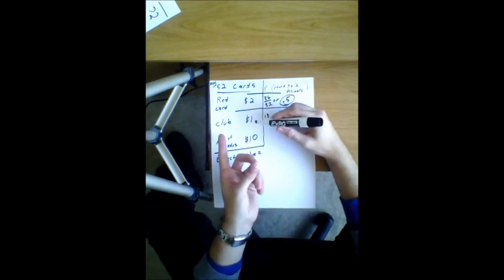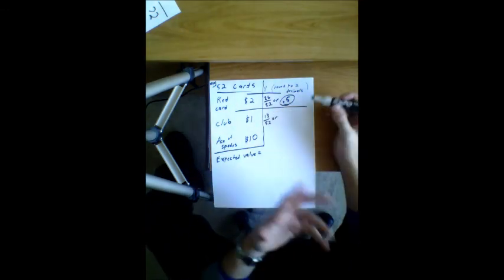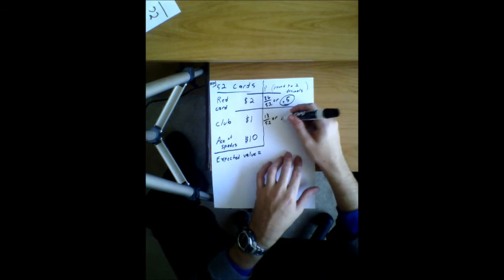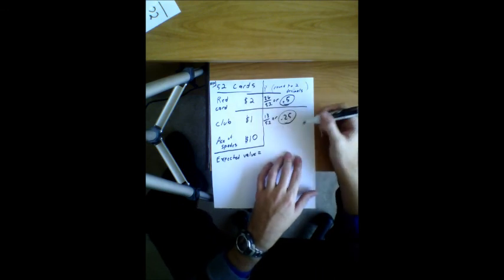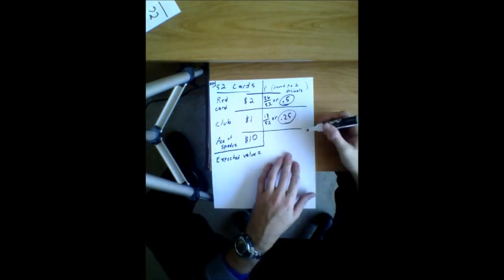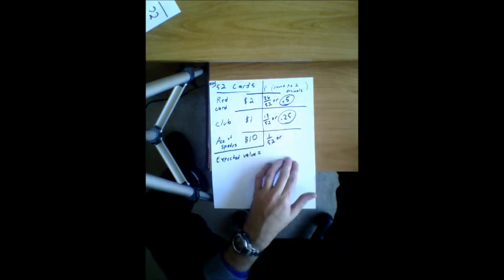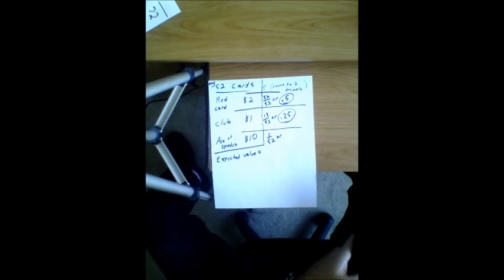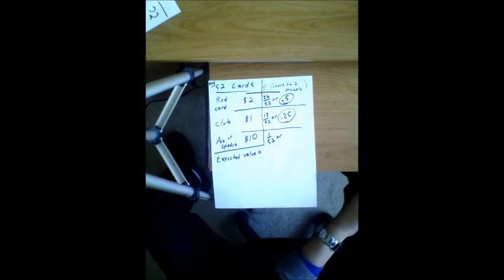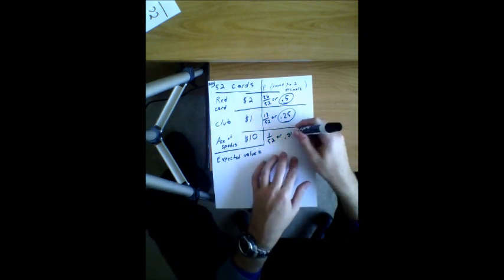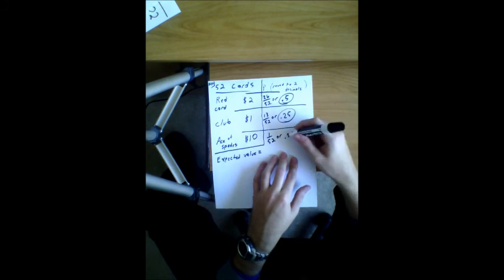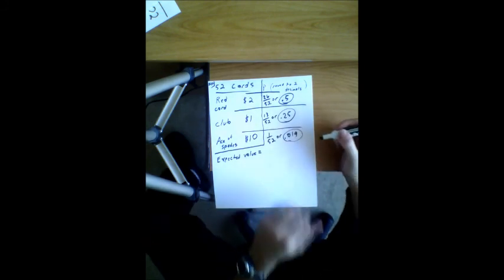Or 1 suit out of 4 gives you 1/4. That works fine, too. And then the last one: ace of spades is 1 out of 52, which is about 0.019. We'll keep it about there.